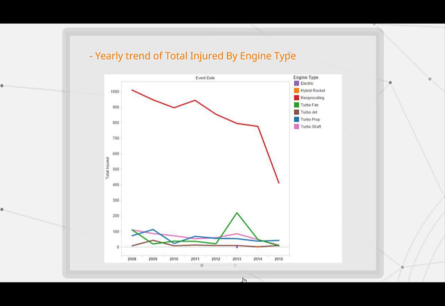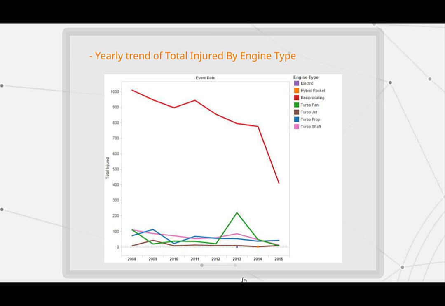We can also observe that the fatalities caused by aircraft accidents using turbofan proliferated in 2013, but it won't be nice and wise to conclude that the type of engine used that particular year was the root cause of the accidents, as the fatality figure never increased but went down thereafter.